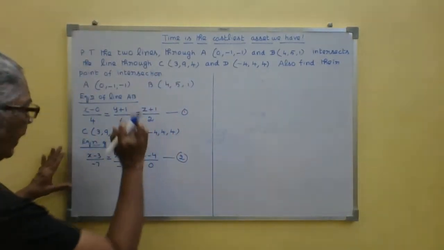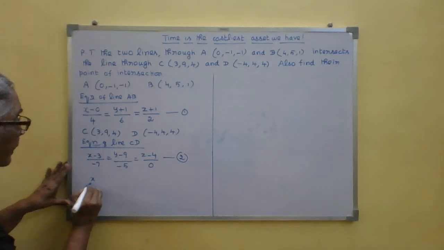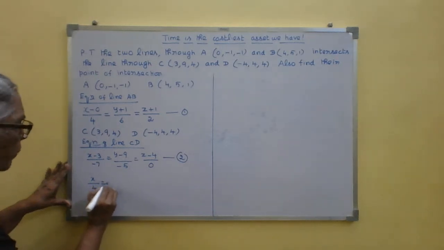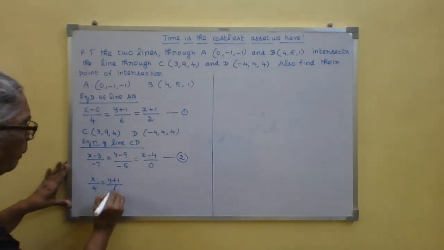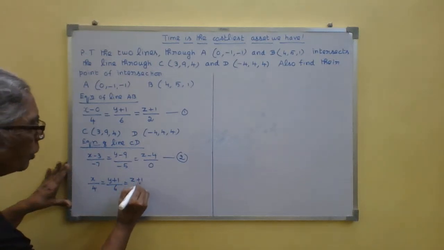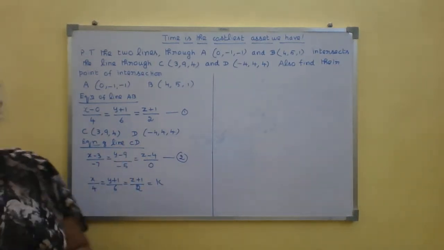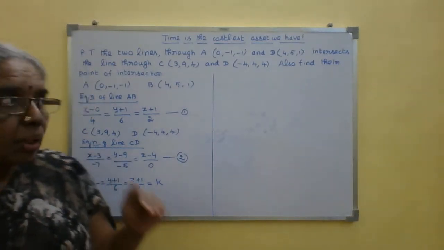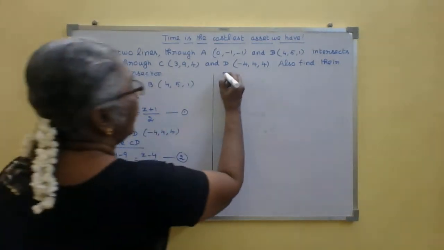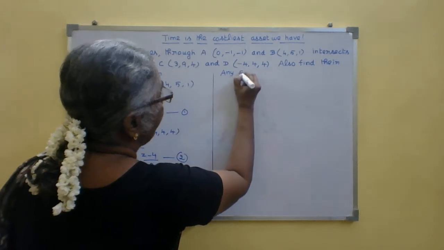So now I will take equation 1, that is x/4 = (y + 1)/6 = (z + 1)/2. I will equate it to some constant of proportionality k. So now I can find any general point, right?